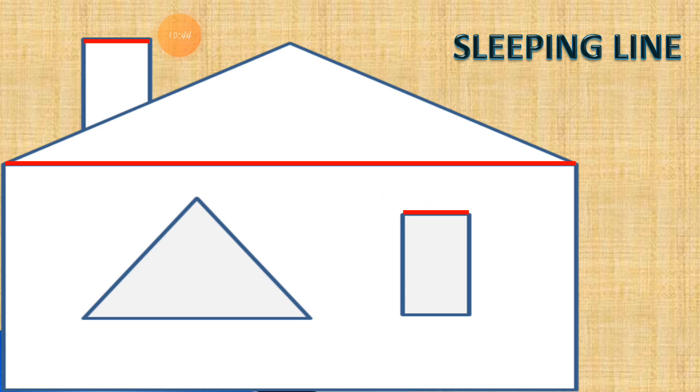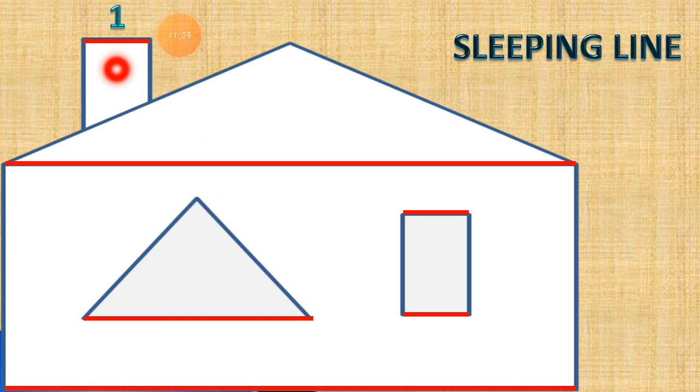Then the next lines. Here are both the lines 3 and 4, and at the bottom of the house is the fifth one. So let's give numbering to the lines. Here is the first sleeping line.